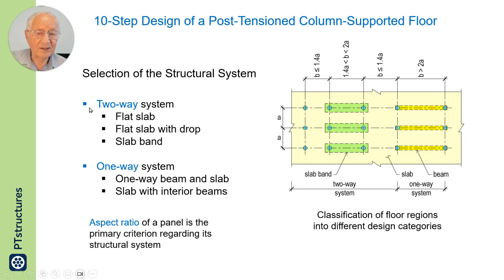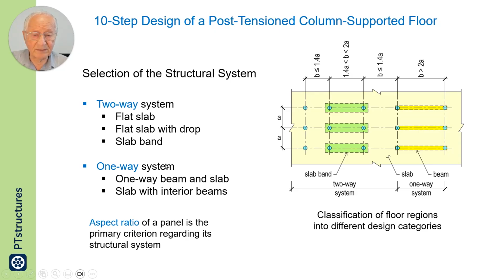This is the two-way system shown on the top, which is the subject matter of this presentation. Then the one-way system, ACI defines the slab to be one-way or two-way. That is the step number one, to make sure that you qualify for the two-way system requirements of the slab.